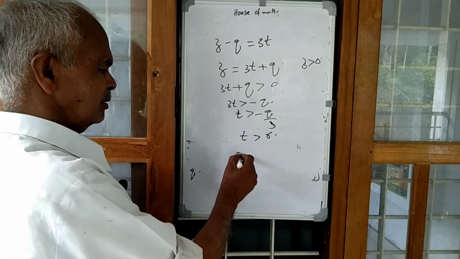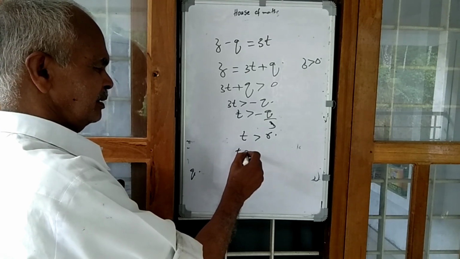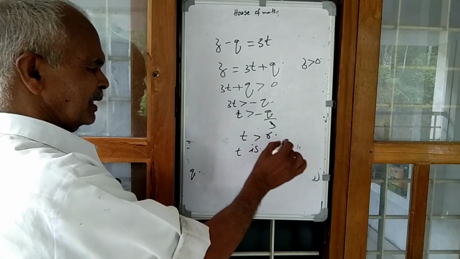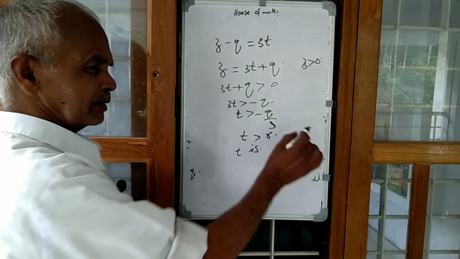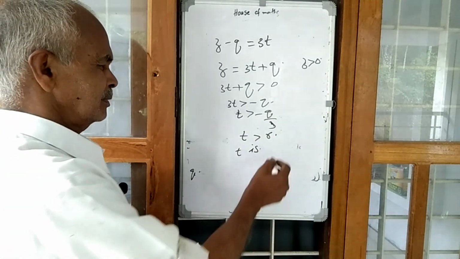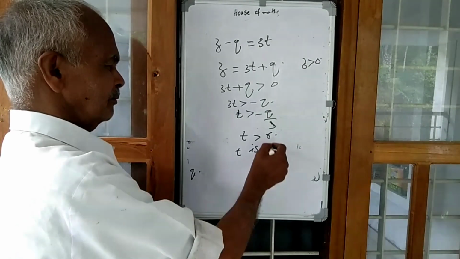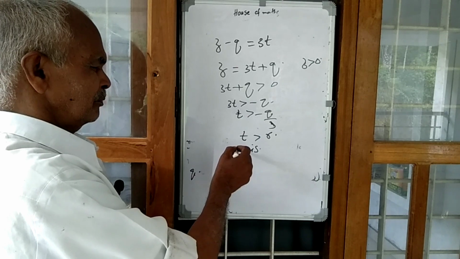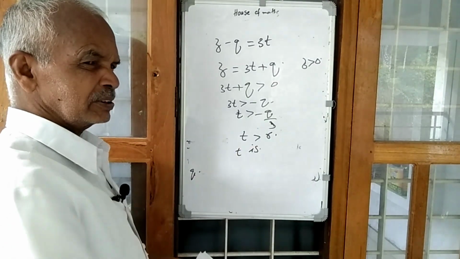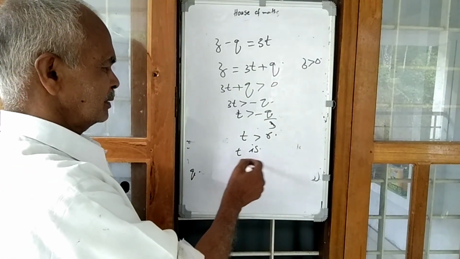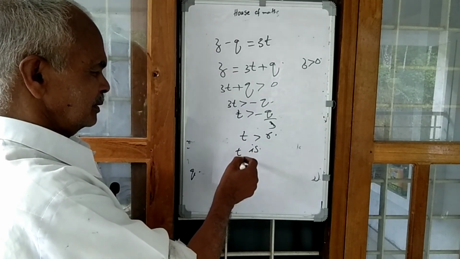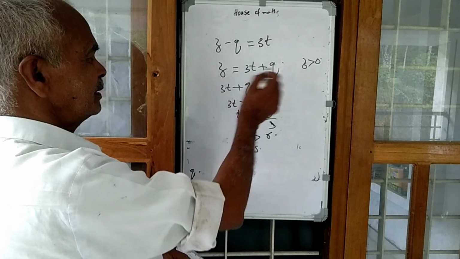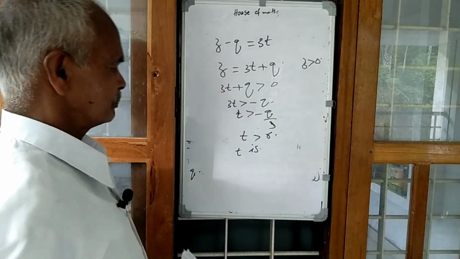Since r is an integer, we take the value of t also as an integer for satisfying equation 3.